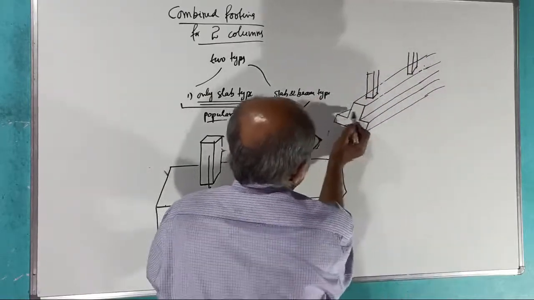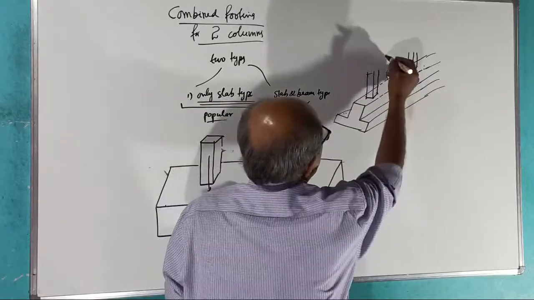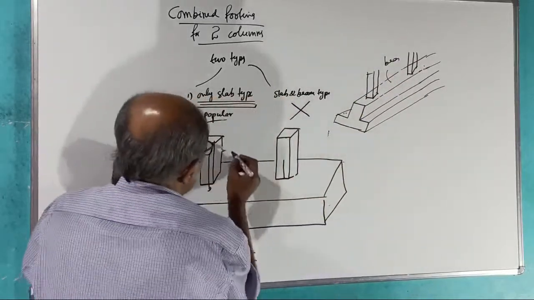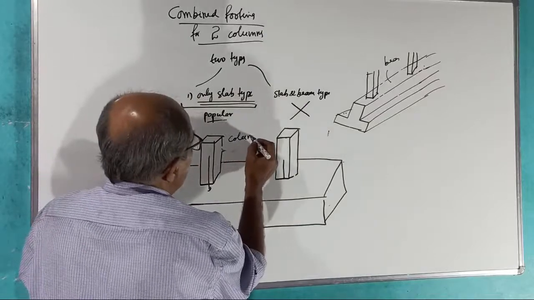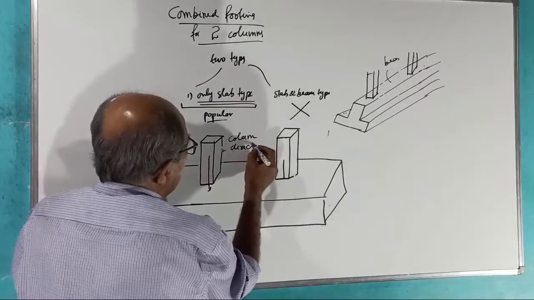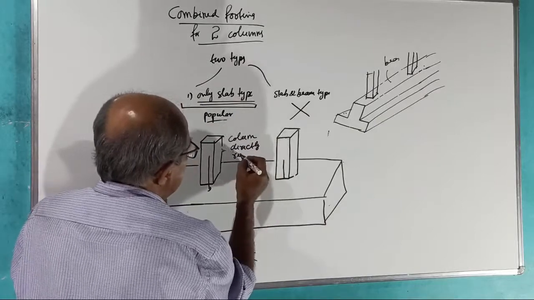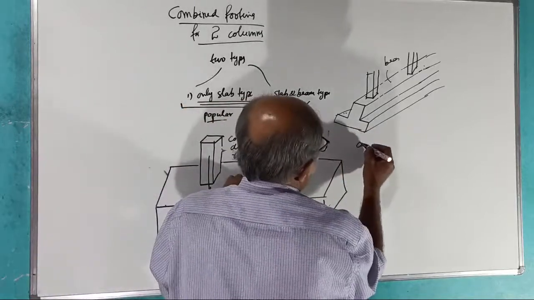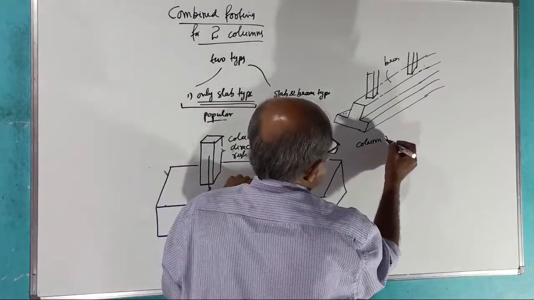See, these are the projections of the slab. This is the beam. Here the column directly rests on the slab. Here the column rests on the beam.